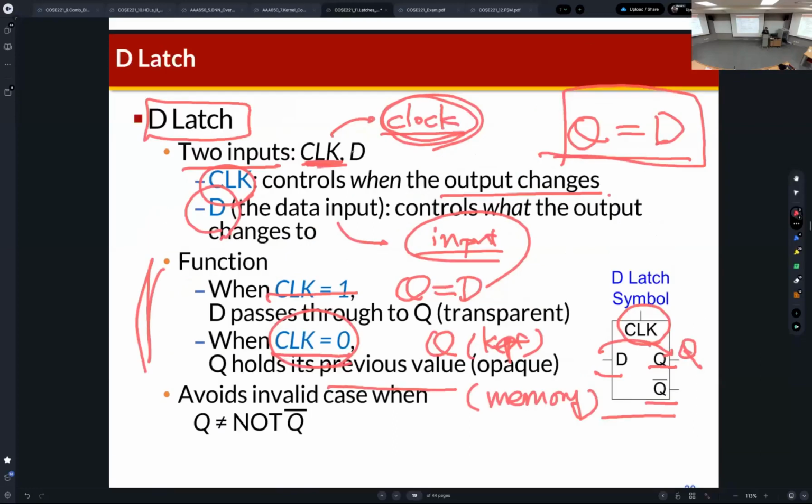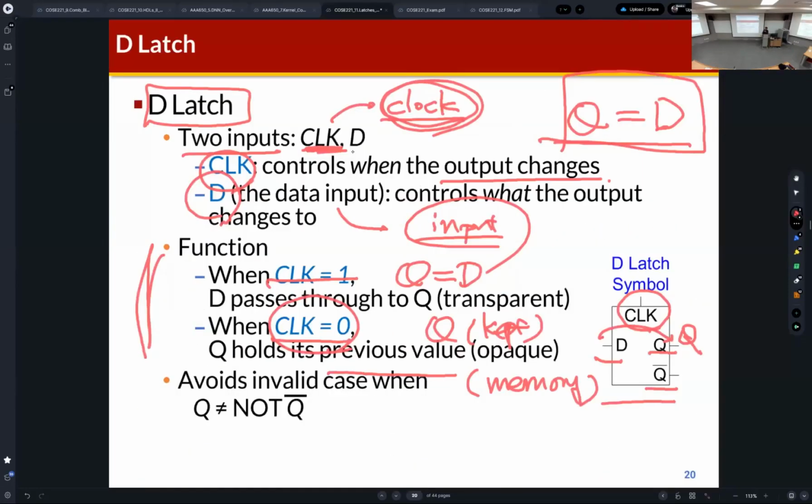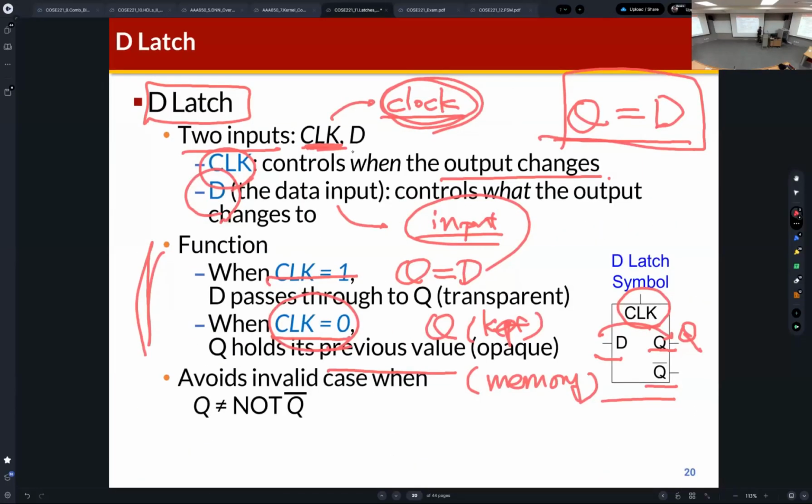From this SR latch, we can also define another type of latch. This latch is called the D latch. In this D latch, you can find two inputs, the clock and D. The clock signal is a very important signal in this type of design.